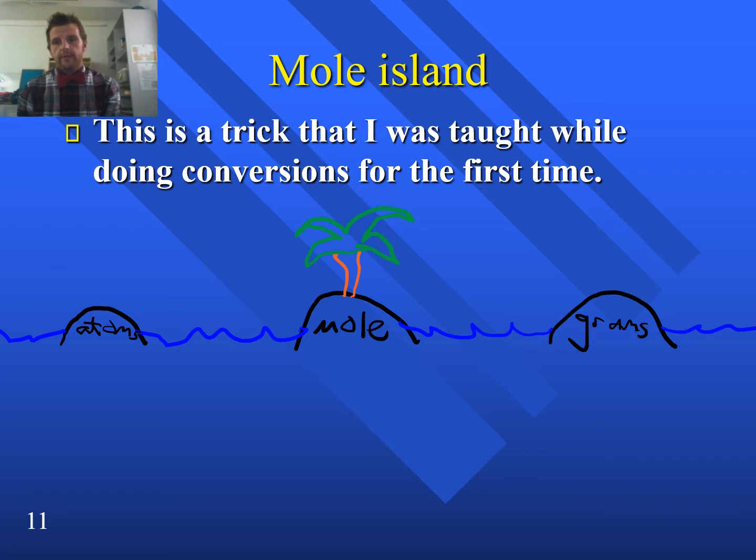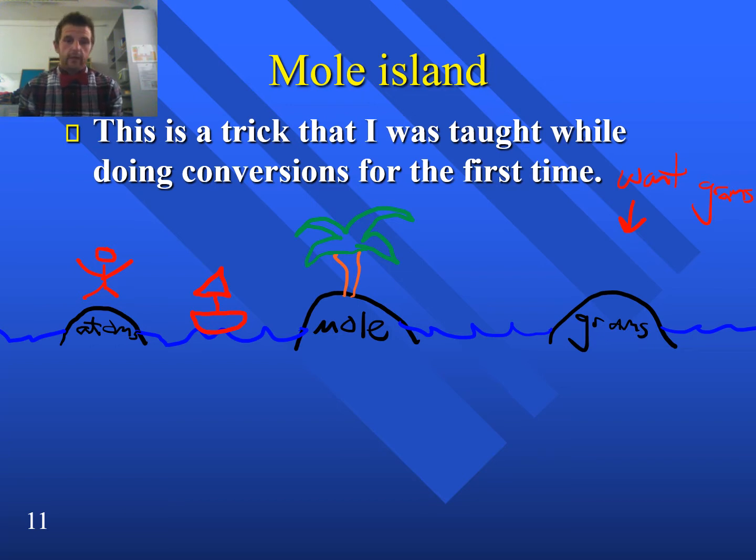So for example, if I was standing here on Atom Island, and I wanted to get here, so I want grams, I have to go through Mole Island first. I have to catch the boat to Mole Island. So I have to go from atoms to moles before I could ever get to grams.